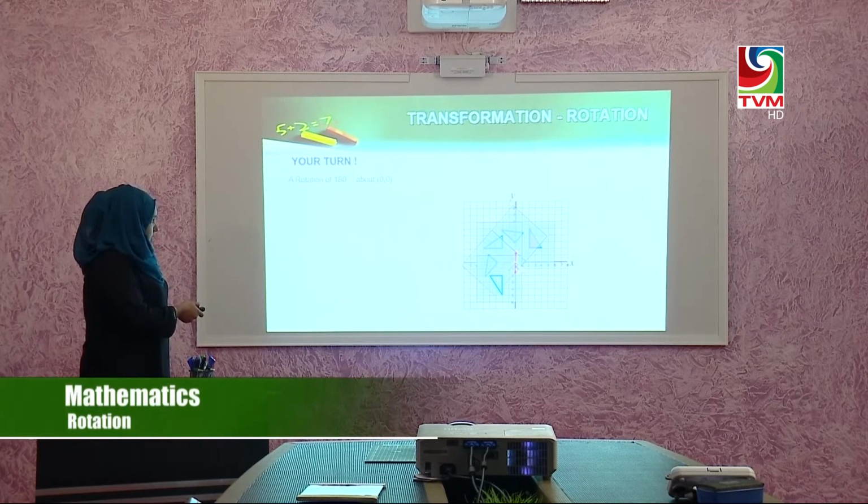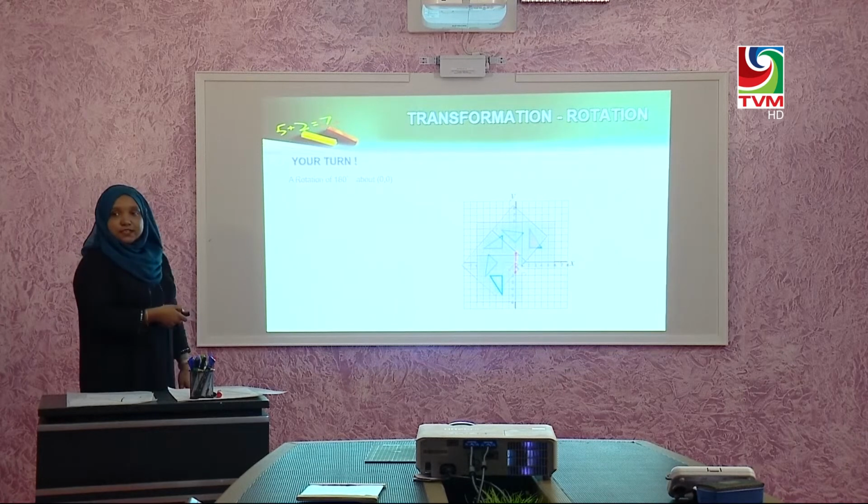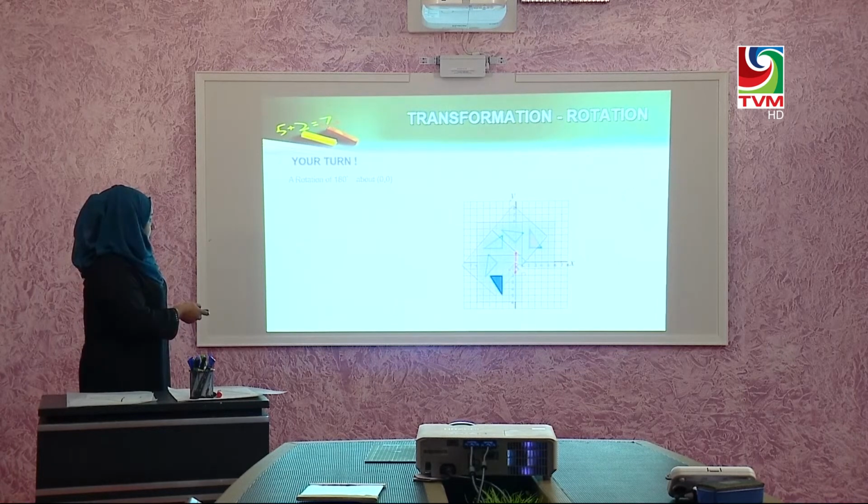Now look at this arrowhead. Before rotating it, it is facing upward, right? Now after 180 degrees rotation, the arrow is facing vertically downward. The angle over here is 180 degrees. So your image is here.